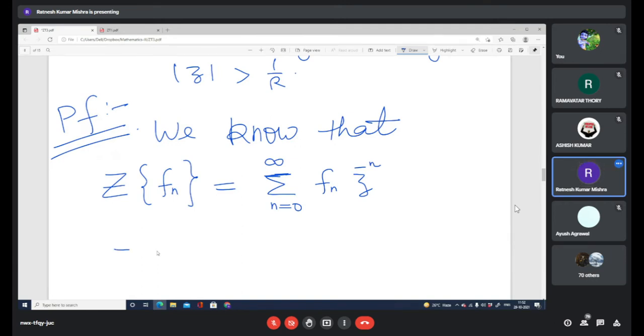So expand this one: n equal to 0 gives f0, plus n equal to 1 gives f1 z to the power minus 1, n equal to 2, n equal to 3, z to the power minus 3, 4, etc.